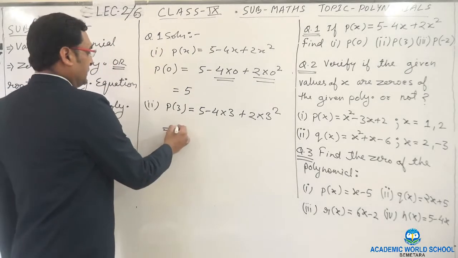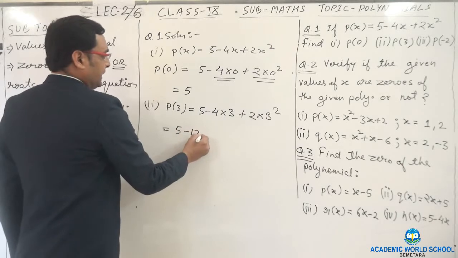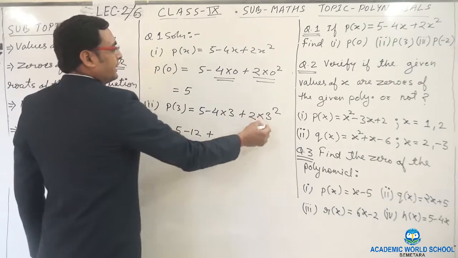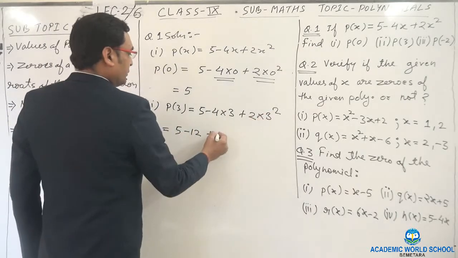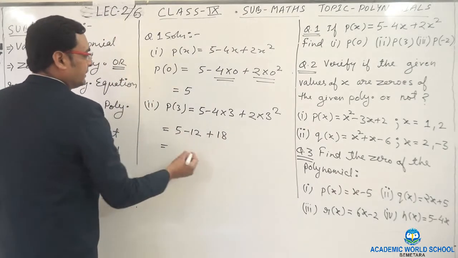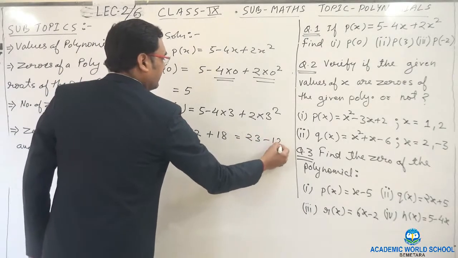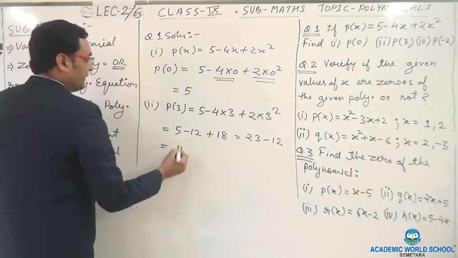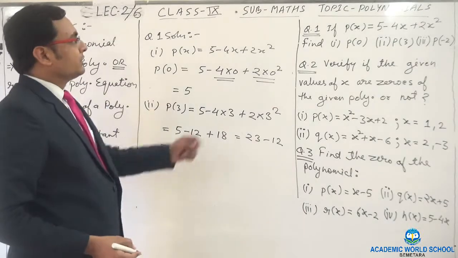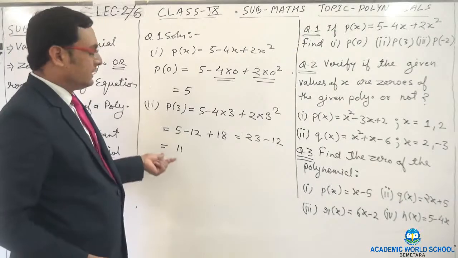Solve it. 5 minus 4 into 3 is minus 12, plus 3 square is 9, 9 into 2 is 18. Solve this. 5 plus 18 is 23, 23 minus 12 is 11. So the value of this polynomial p(x) at x equal to 3 is 11.